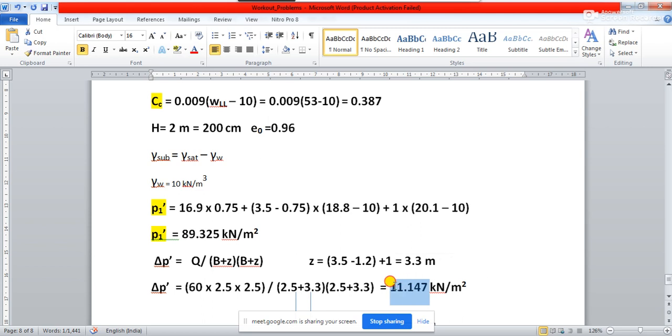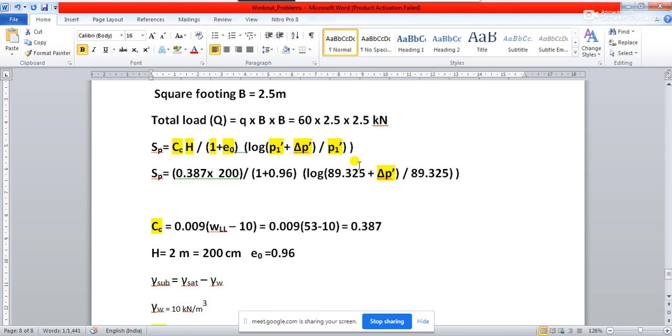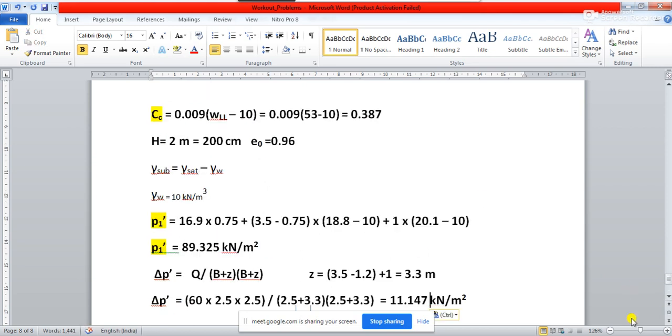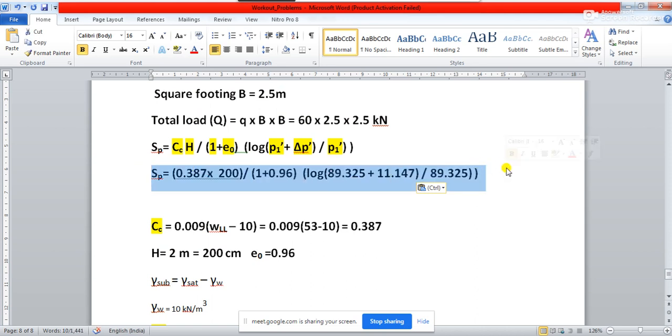So this is your 11.147. ठीक जगह में बैठा है, गलत बैठा दिया। Is it okay? So if you calculate this, then you are going to get the value of settlement.